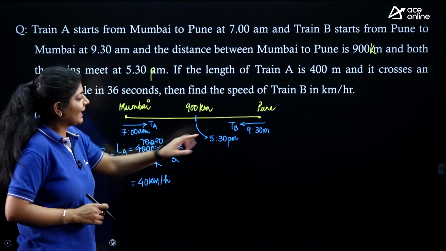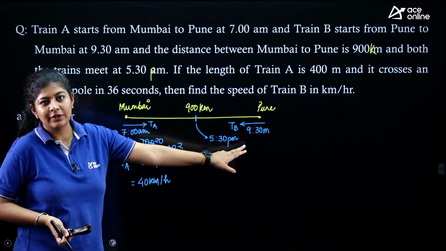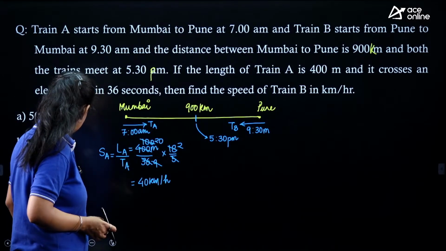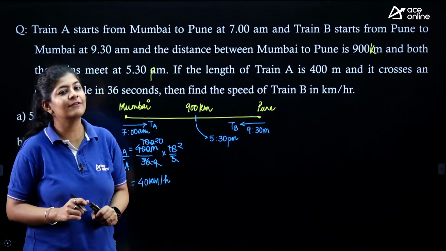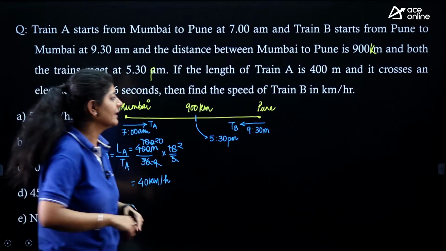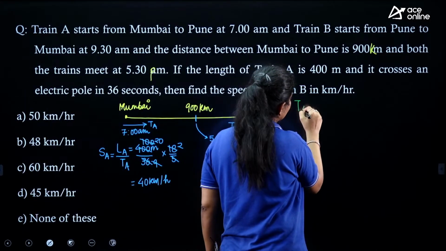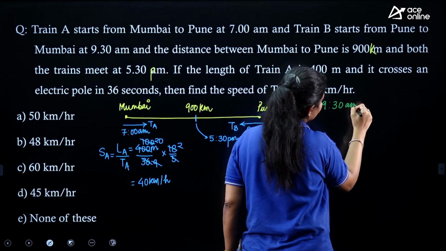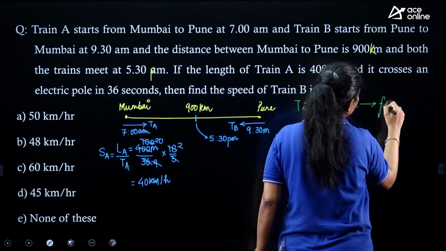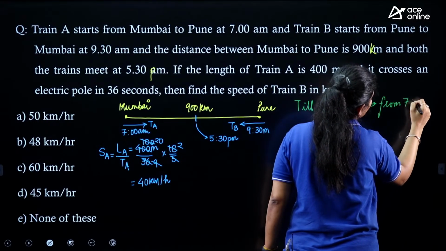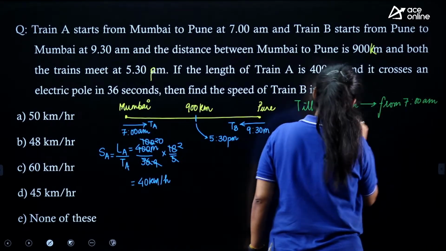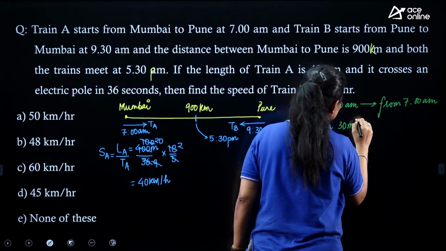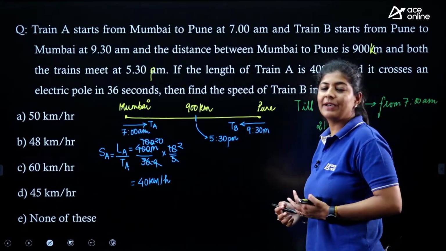Now till 9:30, as we need to find out the relative speed and the remaining distance, we can simply first find out how much distance is covered by train A till 9:30. So till 9:30 a.m., from 7 a.m., that means 2 hours and 30 minutes, how much distance is covered by train A?